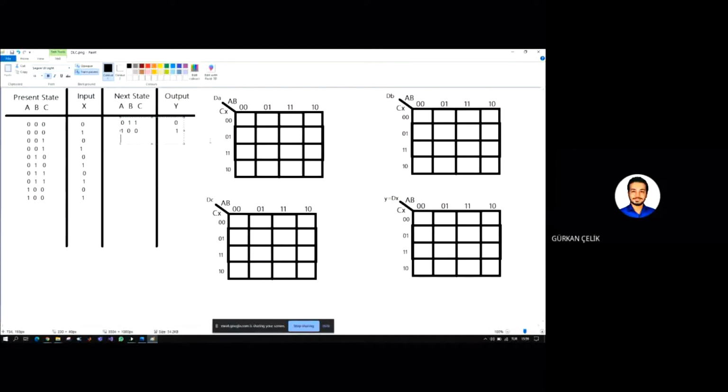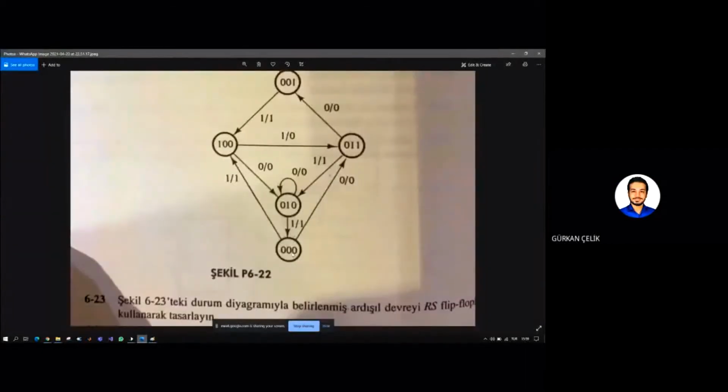Here is 0 0 0, where the left side is the input and the right side is the output. So while we are in 0 0 0, if we have input 1, then the next state should be 1 0 0 and the output should be 1.